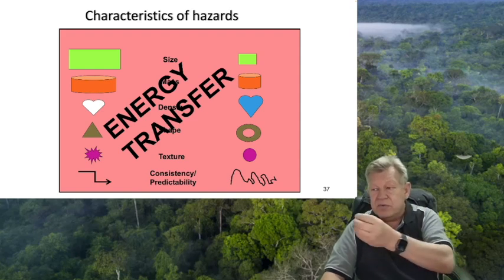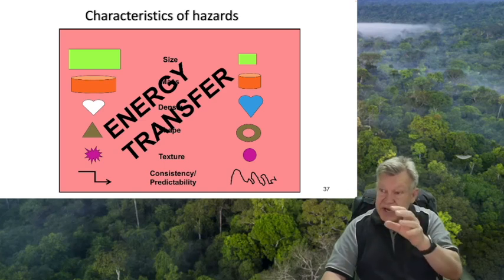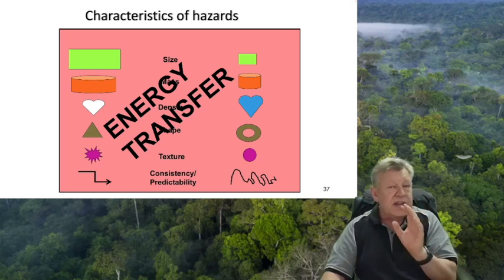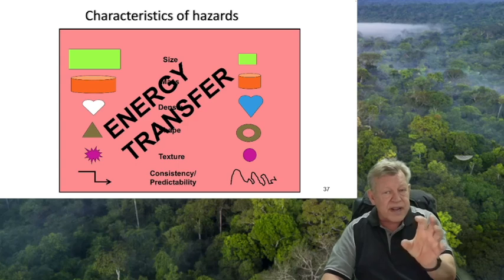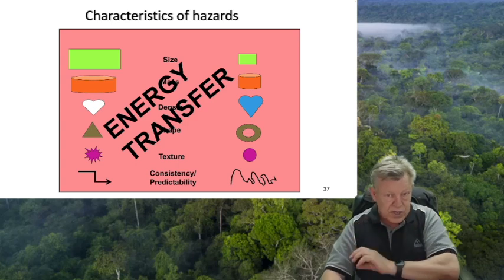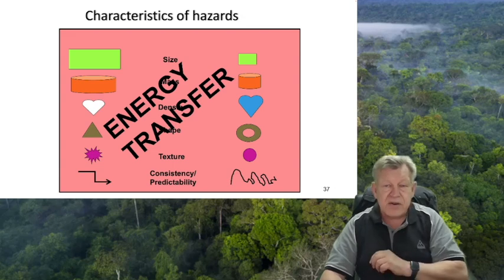So whatever the characteristic of this hazard is, whether it's big, small, light, whatever, I need to identify how that hazard is going to transfer energy and make contact with the target to cause it harm. We'll expand on that a little bit later.